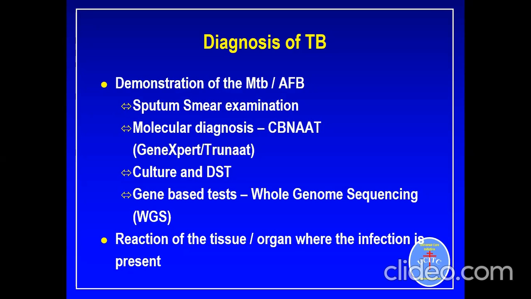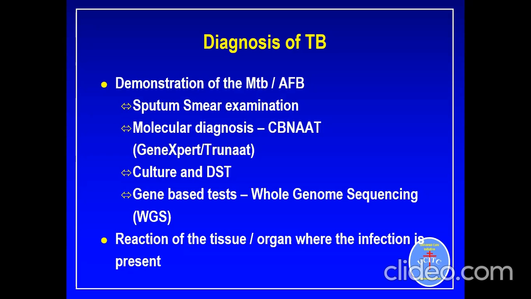It's a PCR-based test, and I think most of the people over here know the techniques better than I do. Then the culture and the drug susceptibility testing. Culture is still the gold standard of diagnosing active tuberculosis. And of course, based on the culture results, we subject the sample to drug susceptibility testing for reasons which we will see later on.